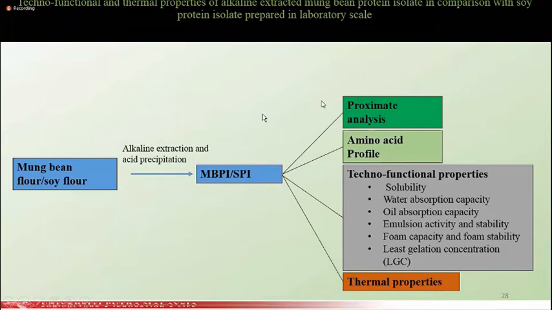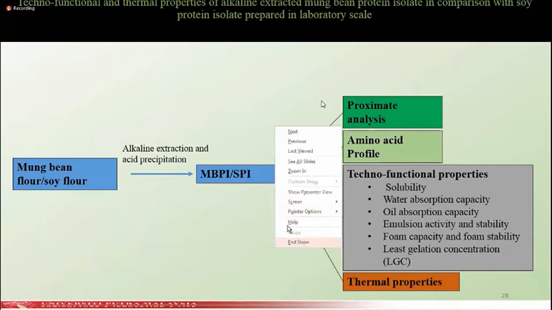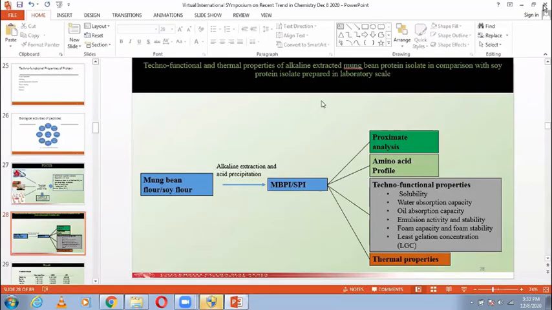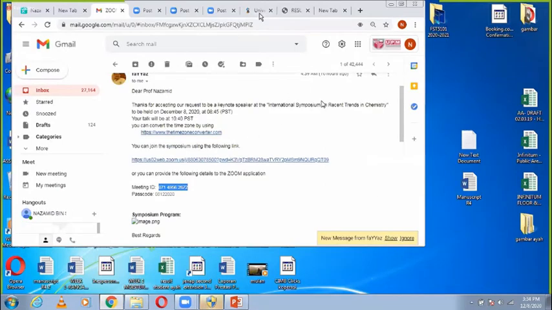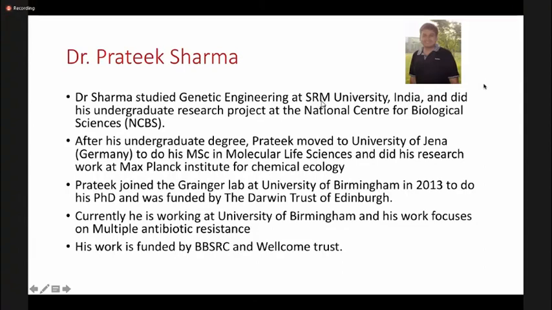Let me just introduce Pratik Sharma. Dr. Pratik Sharma has studied genetic engineering at SRM University, India, and he did his undergraduate research project at the National Centre for Biological Sciences, NCBS.